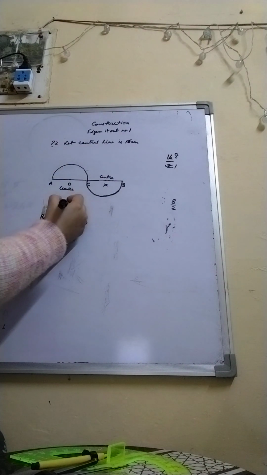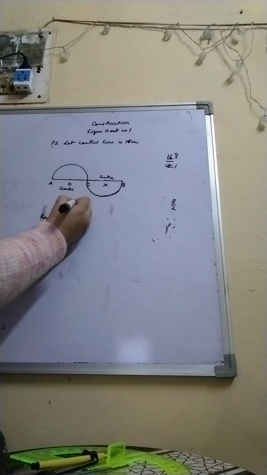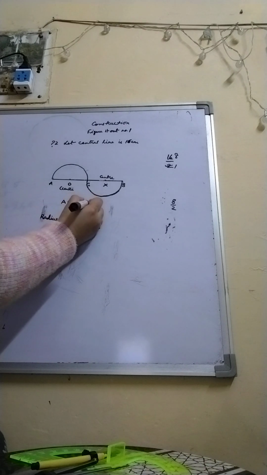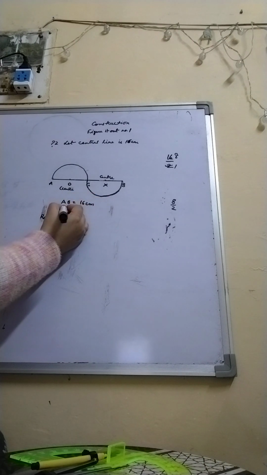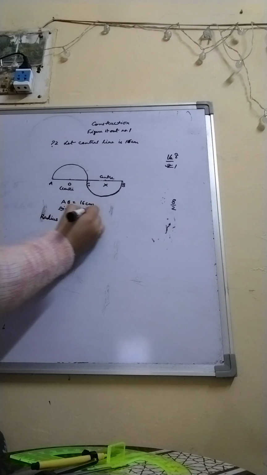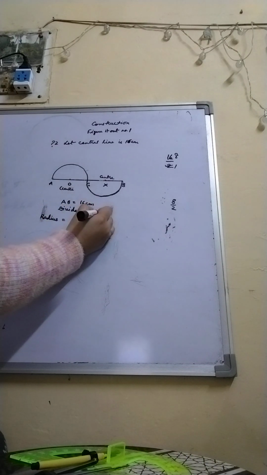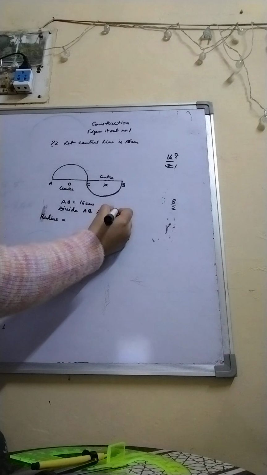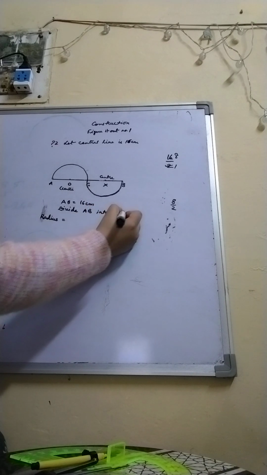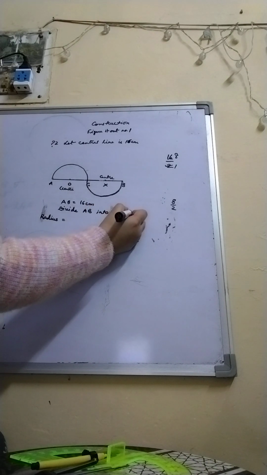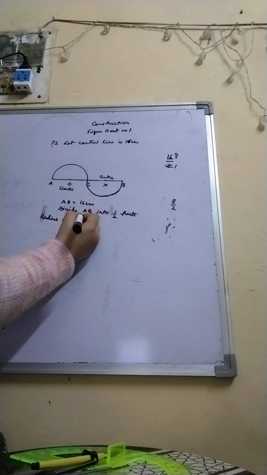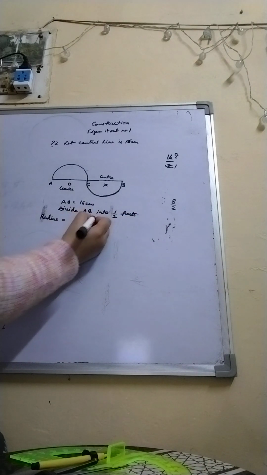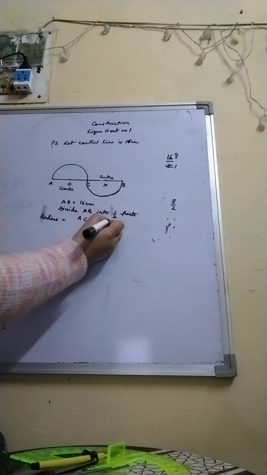So here you would say that AB is the central line. AB you have taken as 16 centimeter. Then divide AB into half parts. So you would get AC is equal to 8 centimeter.